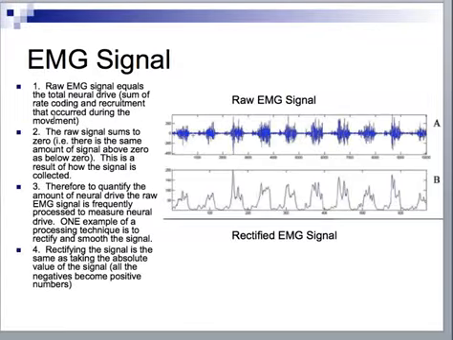So what does an EMG signal look like? If we look to the right, we can see a graph where voltage is on the y-axis and time is on the x-axis. We can see these blue bursts of activity.